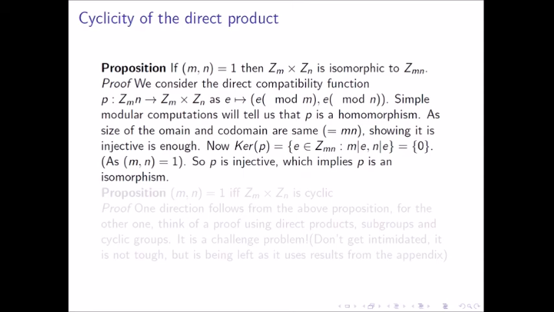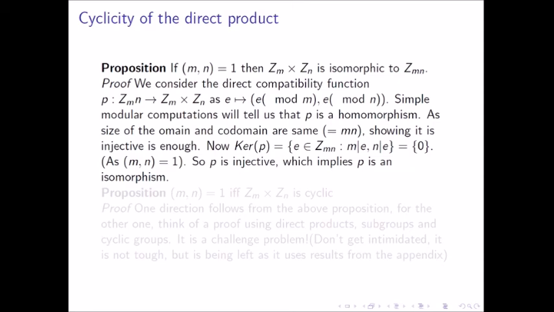As the sizes of the domain and codomain are the same, equal to mn, showing it is injective is enough to prove that it is an isomorphism. But ker P is the set of a belonging to Zmn such that m divides a and n divides a, because both of the coordinates have to be 0. The first coordinate is 0 if a is divisible by m, and the second coordinate is 0 if a is divisible by n.